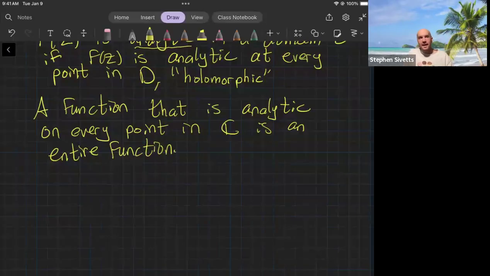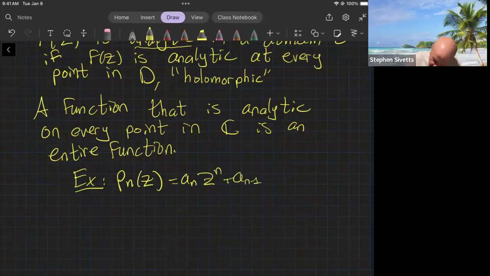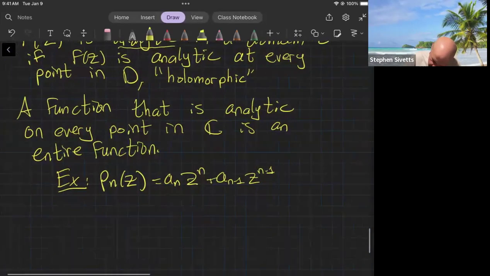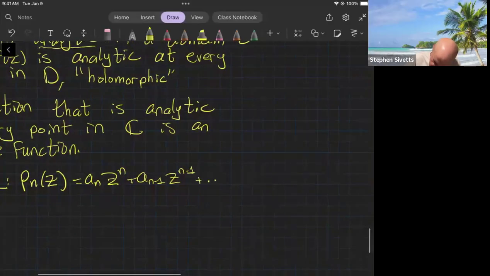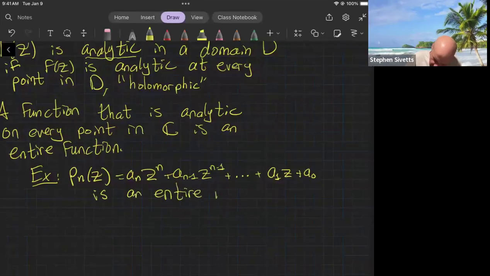So for example, every complex polynomial written out in this form, a n times z to the n plus a n minus 1 times z to the n minus 1, plus all the way down to a1 z plus a0, is an entire function.